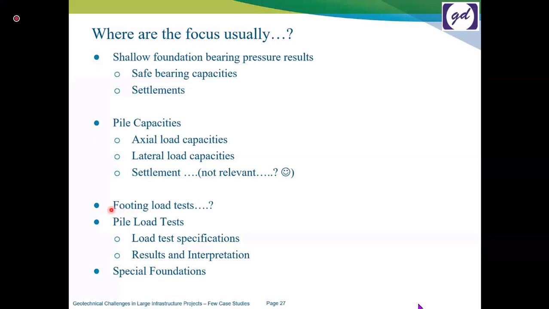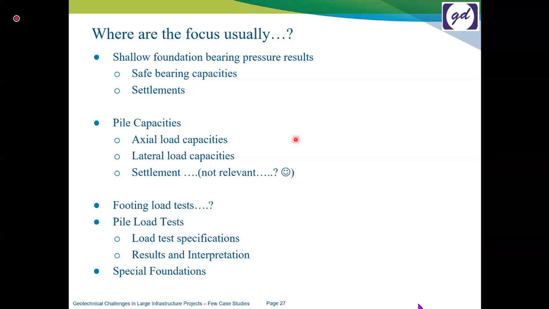Sometimes I see some of the consultants take a very pragmatic approach. They go with the footing load test, so that they are able to better understand the subsoil conditions and the load transfer. Then there are some pile load test programs, and then special foundations. Maybe in terms of ground improvement, you go with ground improvement and testing for it, maybe a zone load test on stone columns, or maybe an individual stone column needs to be tested.